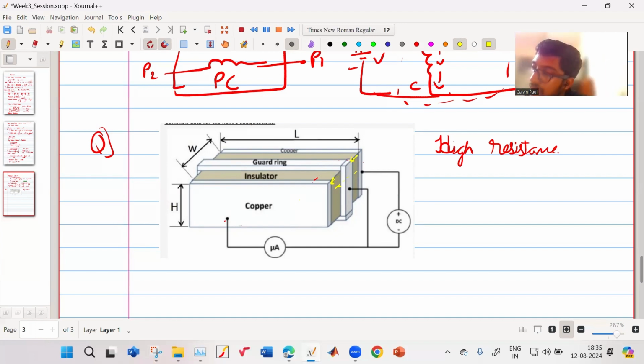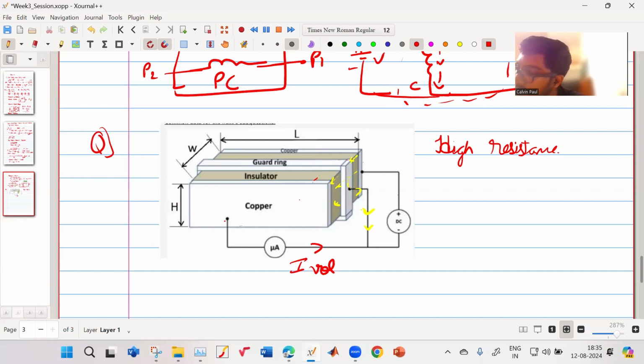So there will be a guard ring. What the guard ring will do is collect that current and provide a path for that surface current to flow like this, and it will divert over here. If the guard ring was not there, it would continue. But since the guard ring is there, it will divert and come here. So you will measure only the volume current if the guard ring is there.